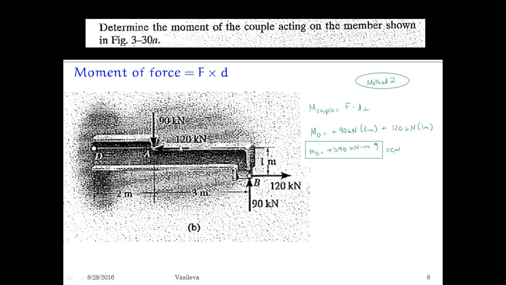So I'm following the arrows once again, and it looks like they're causing a counterclockwise rotation as well, which is positive. So we end up with 90 times 3 plus 120 times 1, and that gives us positive 390 kilonewton-meters, counterclockwise once again. So either way, you get the exact same solution. This is, in my opinion, quicker. As long as you know your distances, you know your couples, you're good.